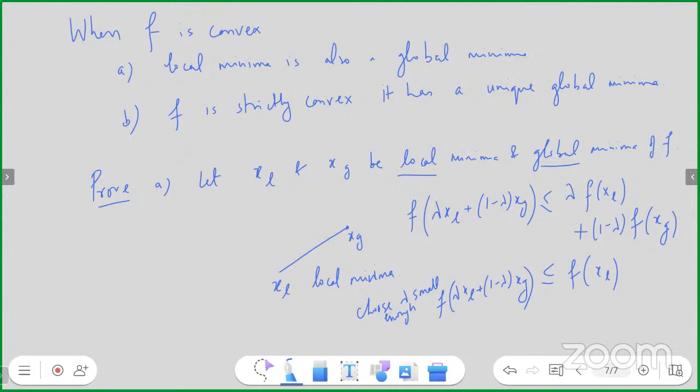Okay. Is the problem there? Why is this not sufficient? What have you proven? That there exists a point close enough to xl with a value equal to xl. That's not good enough to disprove that xl is a local minimum. So now do whatever you do, equality has to be strict.